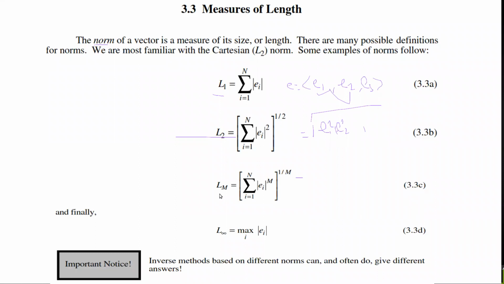Then the LM norm is for any integer value M: you take the elements to the power of M, sum them, and take the power 1 over M. And the L infinity norm is just the maximum value of these elements. So if the second element has the maximum absolute value, then the L infinity norm is equal to the absolute value of E2. Okay, these are some ways to define length.